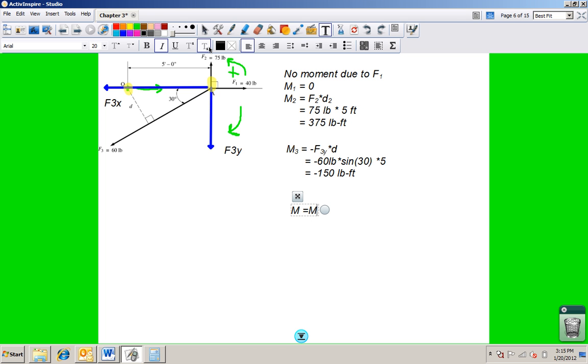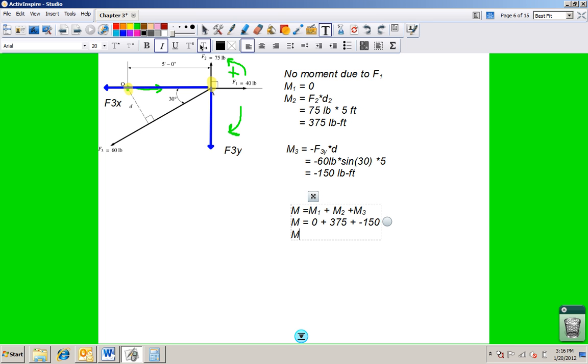Alright, so the moment is just going to be M1 plus M2 plus M3. Okay, so M is going to be equal to 0 plus 375 plus a negative 150.